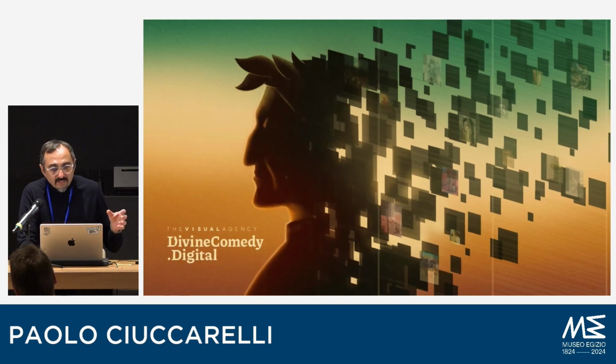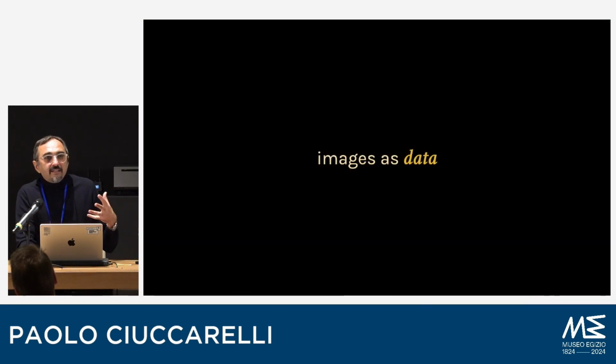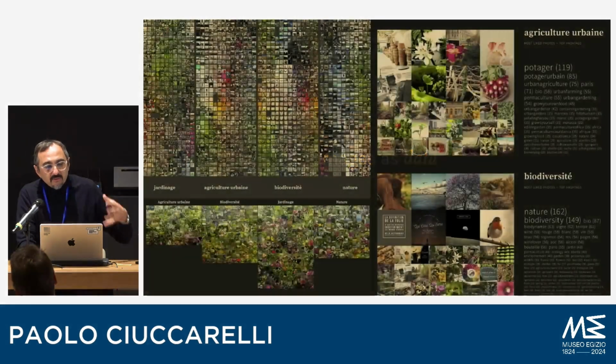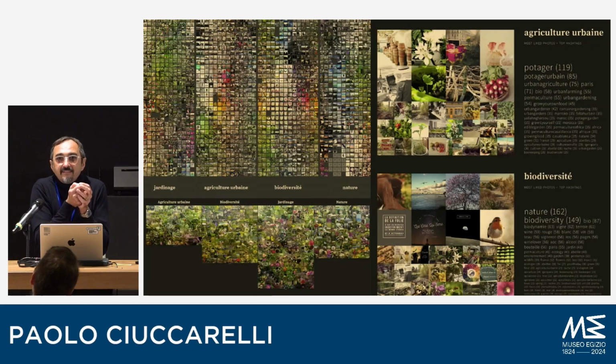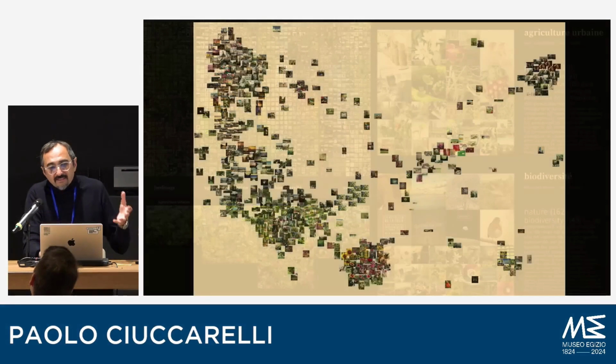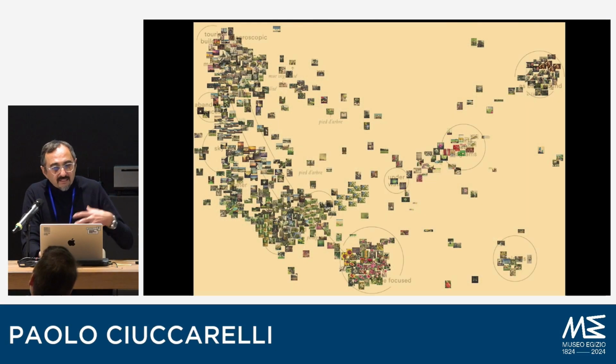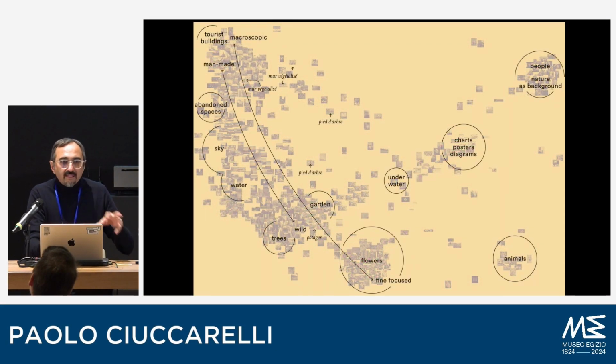So we assemble all these pictures in a way that, by looking at images as data, we do that in many other contexts. So we scrape data, for example, from Instagram, from the web, and then we treat them as data. And we reorder them, we filter them, we organize them semi-automatically to identify topics and clusters.